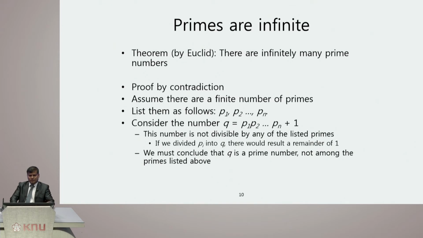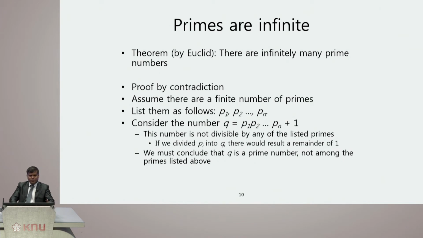So we must conclude that q is a prime number, because it cannot be divided by other prime numbers, and there is nothing among the list that you have in hand. The list that you have in hand is P1, P2, P3 till Pn, which shows that there is some number that is beyond the list.